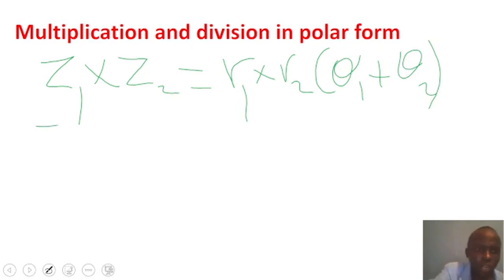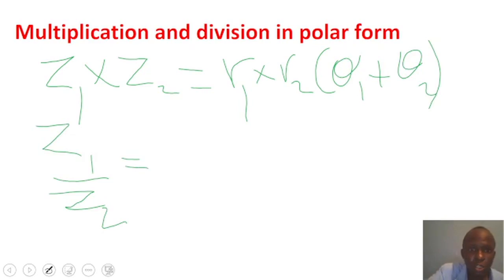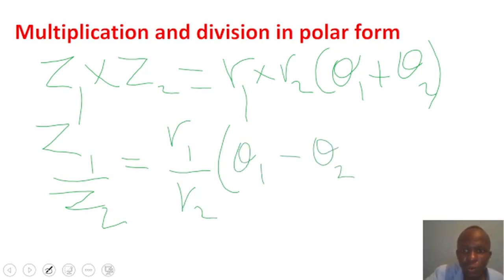If you want to divide z1 over z2, that is r1 divided by r2, into the bracket theta 1 minus theta 2.